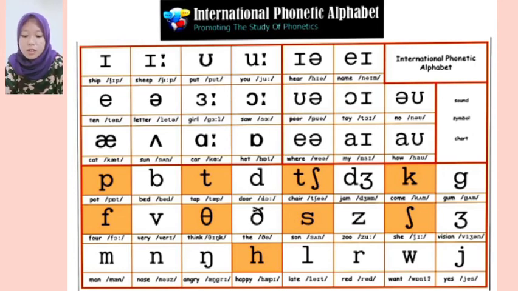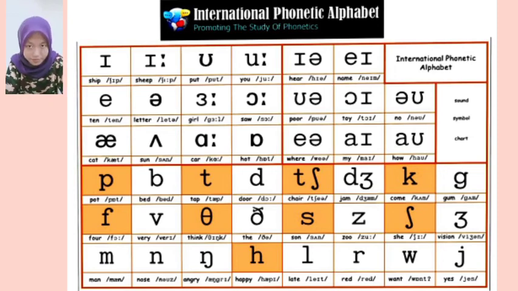The example is sun. Next one is z. The example is zoo. Next one is sh. The example is she. The next one is zh. The example is vision.